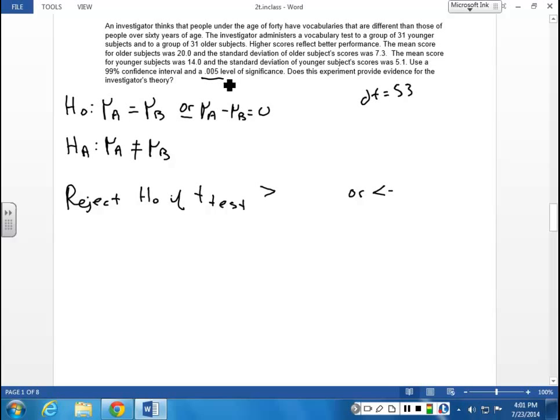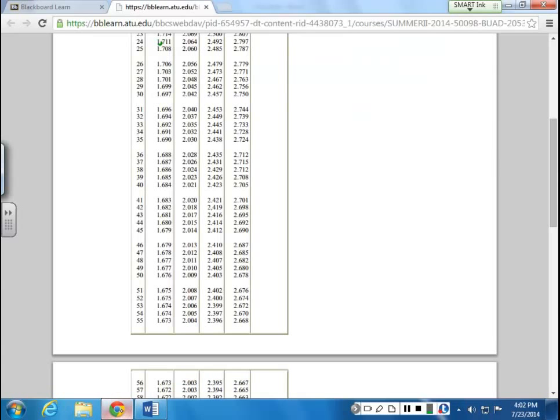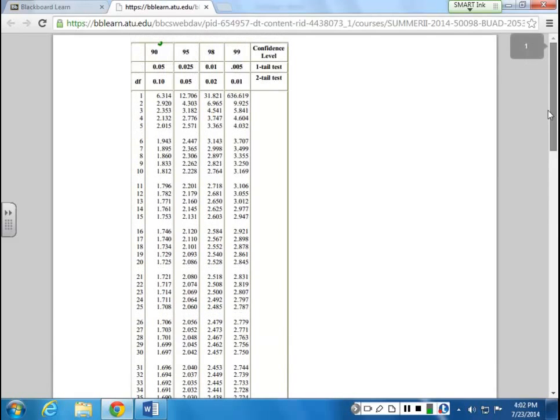So we have 0.005 level of significance. I'm going to go ahead and note for the next part of the problem that's 99% confidence. That is the last row on the right. Scroll up there and verify that. So 99%. This is a two-tailed test.